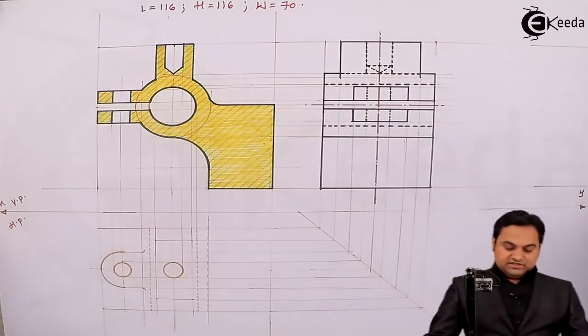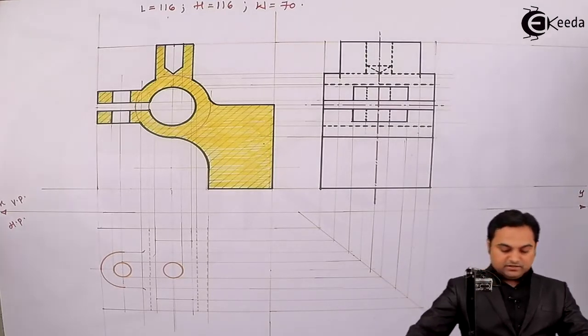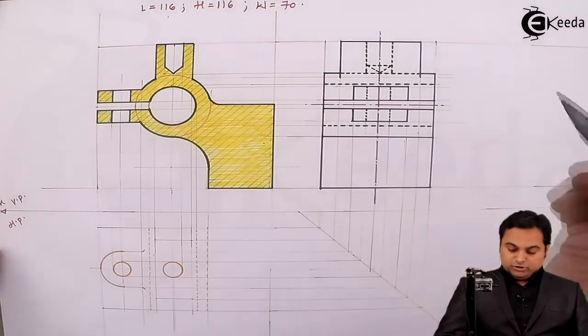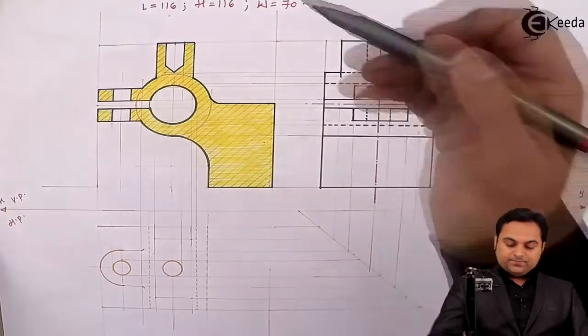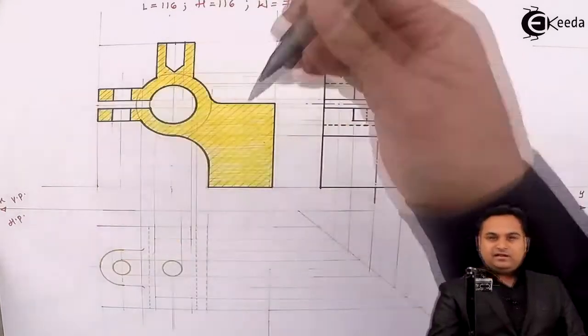So these are the section lines. I have drawn them light. Next, I'll make them medium dark because section lines should be lighter than the outline. For outline, I have used black, and for medium dark lines, I'll use red.